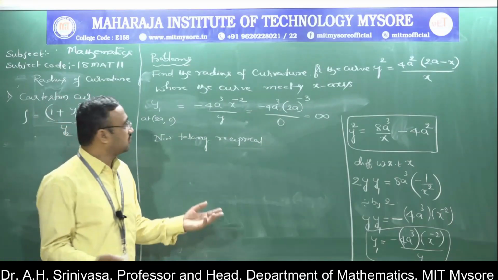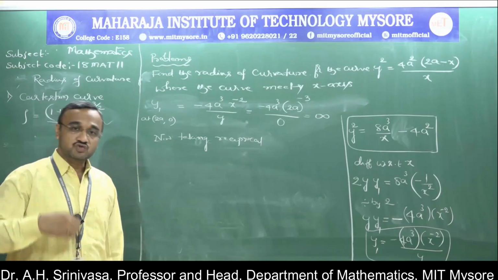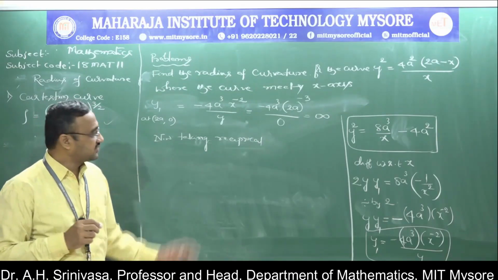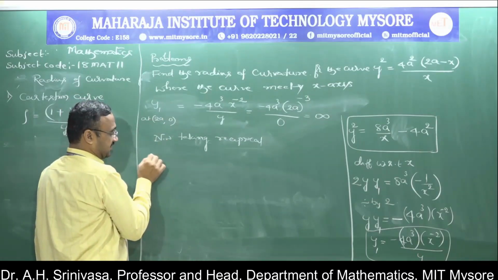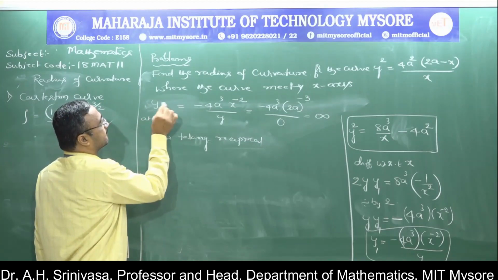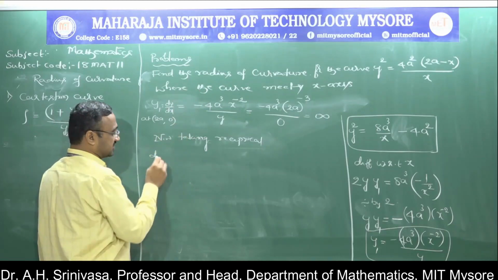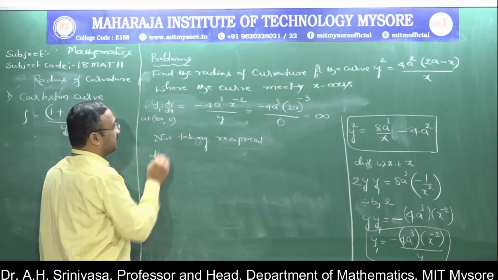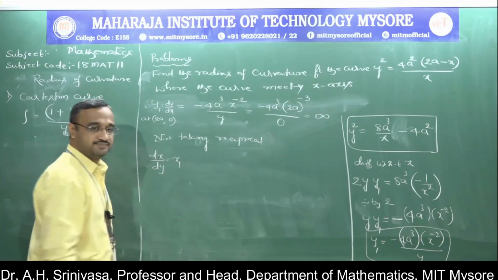They become 0, and the derivative dy by dx is reduced to dx by dy. If you take the reciprocal of this, simply I am writing here, this is your dy by dx. If you take the reciprocal, this becomes dx by dy, and simply we call it x1.